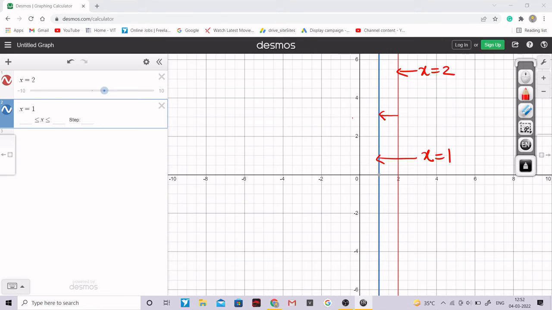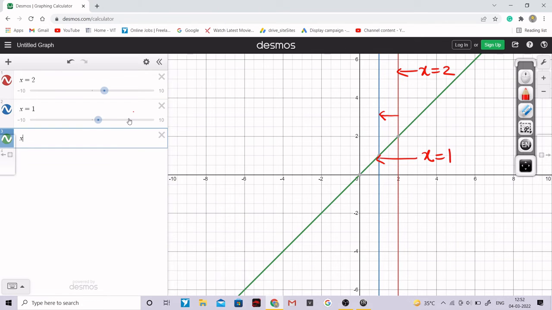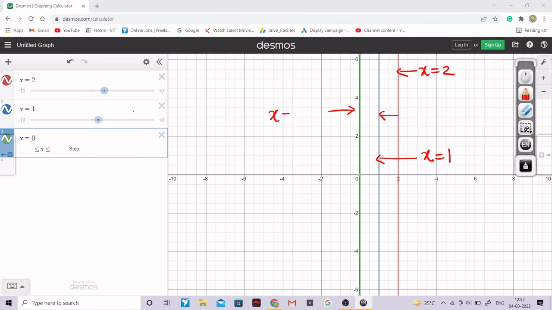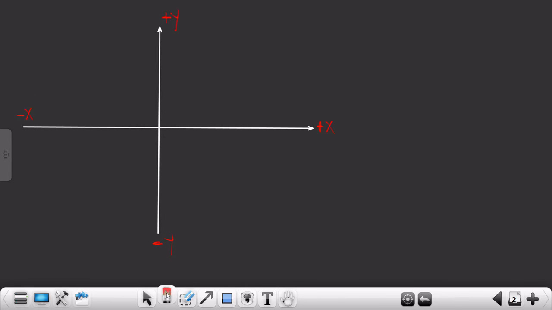Now let's suppose I'm entering x equals 0, right? So we are talking about this particular line, that is x equals 0. What we saw is, at x equals 0 we are getting the y-axis. That means the y-axis I can also write as x equals 0.